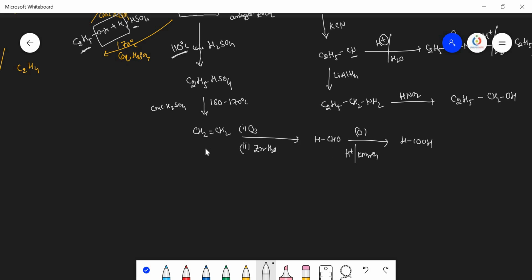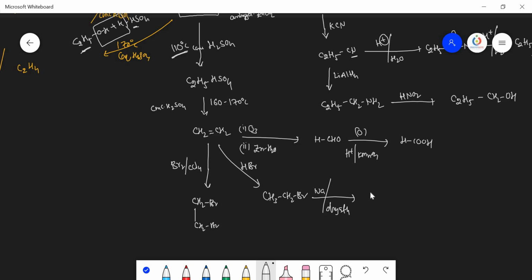And if you subject this alkene molecule to Br2 in CCl4, you will get CH2Br and CH2Br. When it is subjected to HBr, now this is an unsymmetrical reagent but the alkene is symmetrical, so you can write CH3CH2Br, and this shall react with dry sodium.